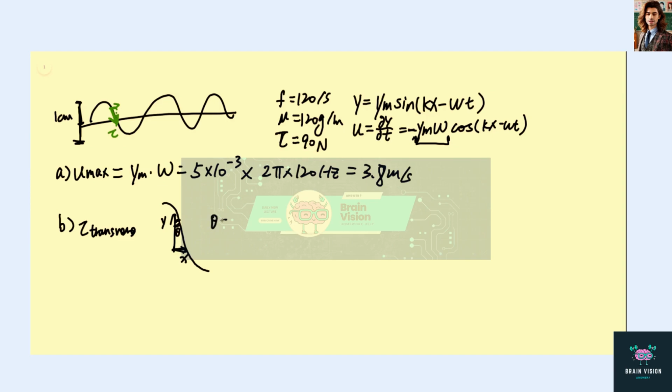So for a single component, there is a y, there is an x, and this angle, theta.